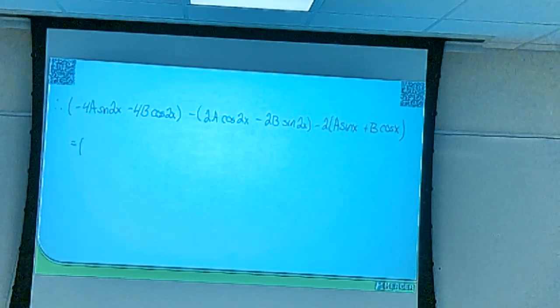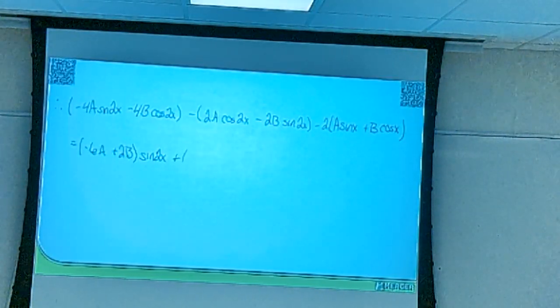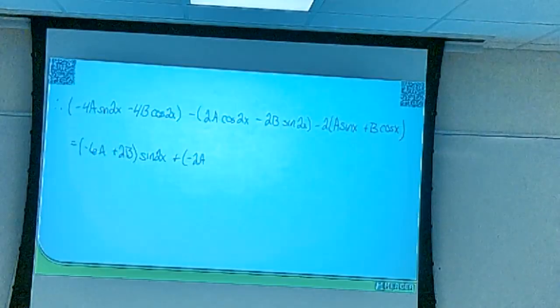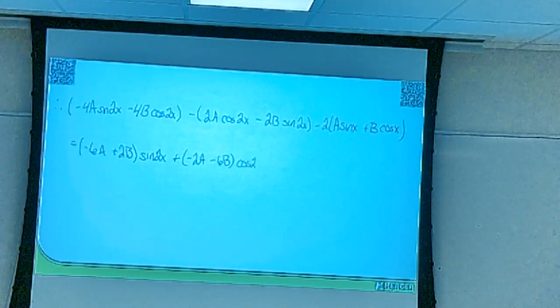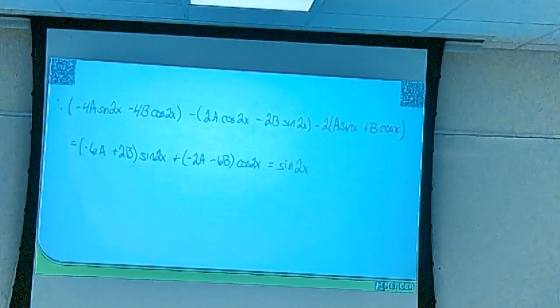So it looks like it's going to be what? Negative 6a plus 2b for the sine. And for the cosine, negative 2a minus 6b. And what does that have to equal? Sine of 2x.